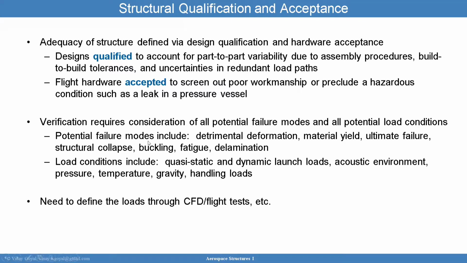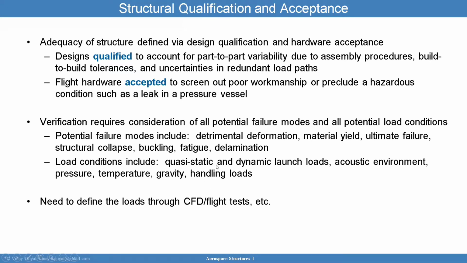Potential failure modes that you need to examine in the qualification test program include all the failure modes we already discussed, like detrimental deformation, material yield, ultimate failure, structural collapse, buckling, fatigue, delamination, and failure modes in composites. And loads include quasi-static and dynamic launch environments, acoustic environments, pressure, temperature, gravity, and handling loads.